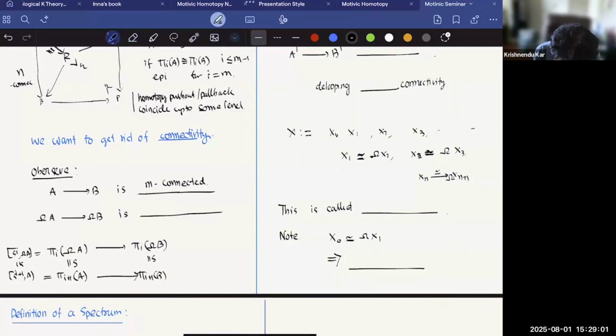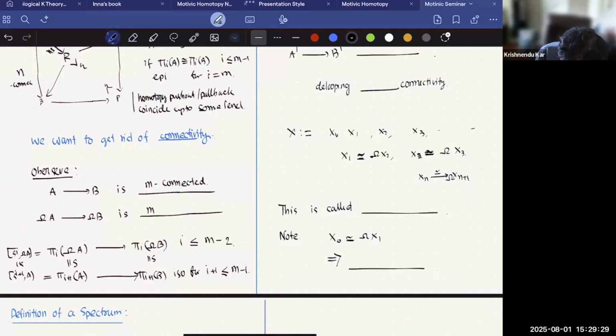Now, I know that the map pi I plus 1 of A to pi I plus 1 of B is an isomorphism for I plus 1 less than or equal to M minus 1. That means that this map is an isomorphism for I less than or equal to M minus 2. Meaning that my connectivity is decreasing.